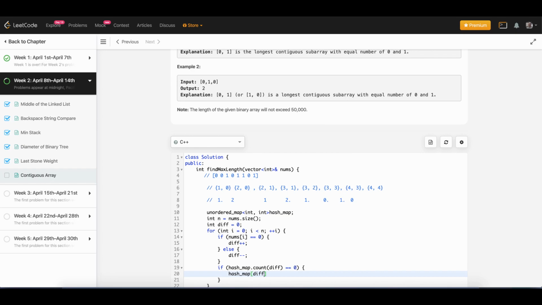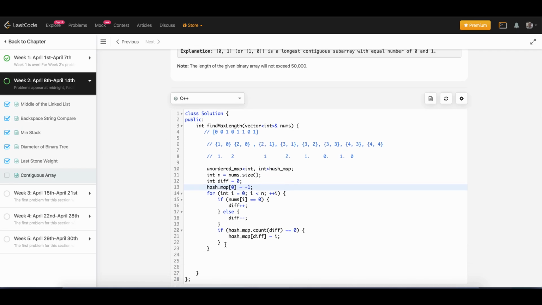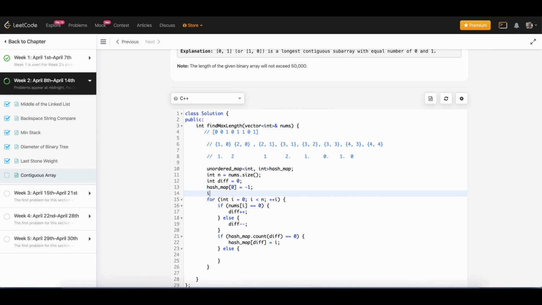Hash map of diff will be equal to this position, and let's initialize the hash map of 0 to be equal to the previous position, which is -1, the previous index. And yeah, if it is occurring for the first time, we are storing this, otherwise we will be calculating the answer. So let's calculate the answer and try to maximize it.